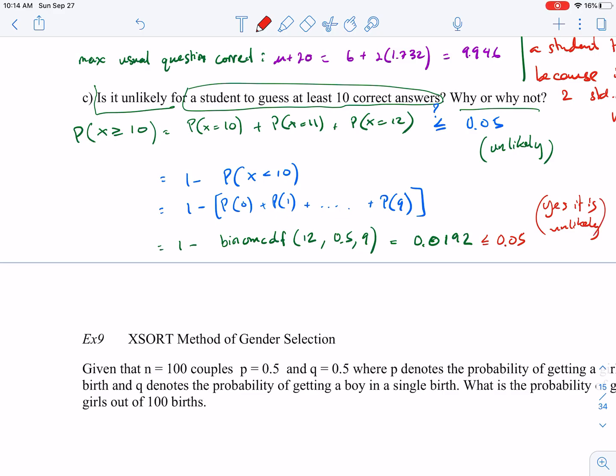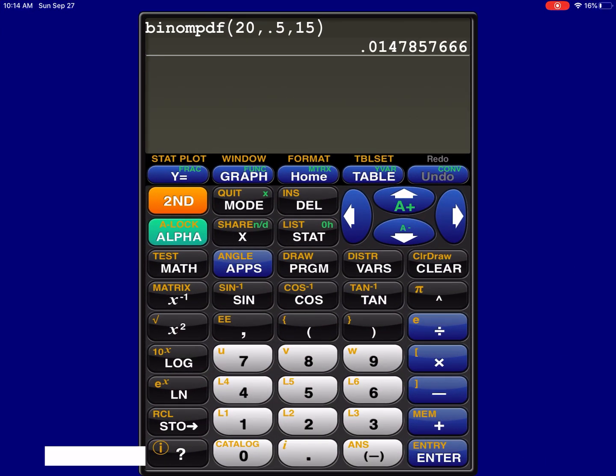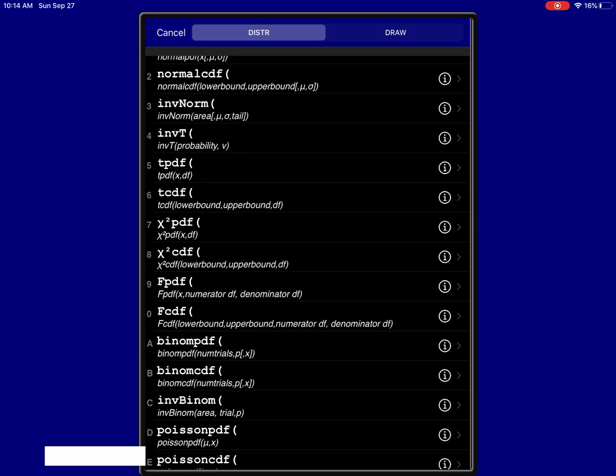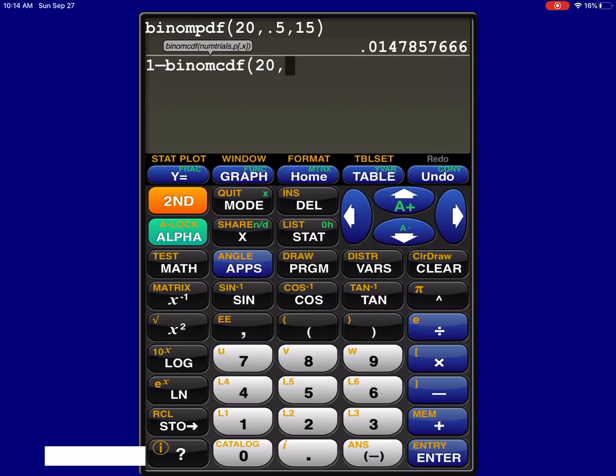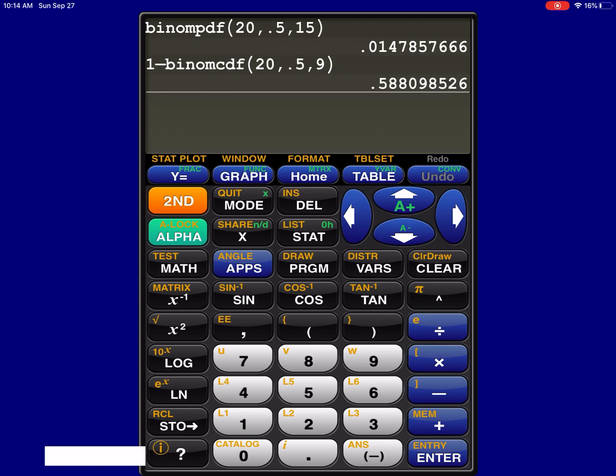Okay, let's check that really quick. 1 minus second vars binomial CDF, 0.5 and then up to 9. So the sum of probability of guessing up to 9 questions correct, subtract from 1, so that gives us, this is not correct.